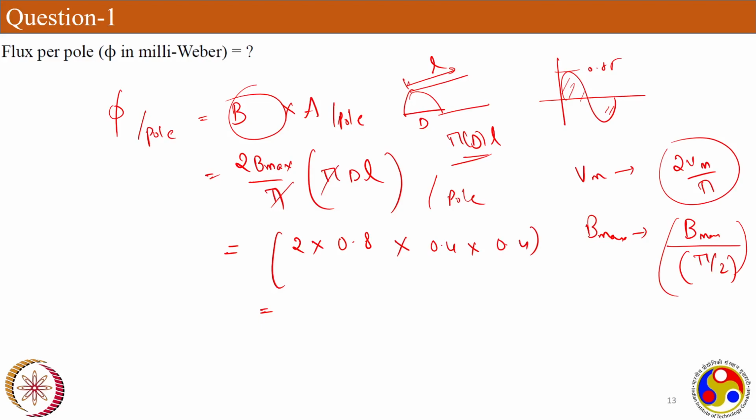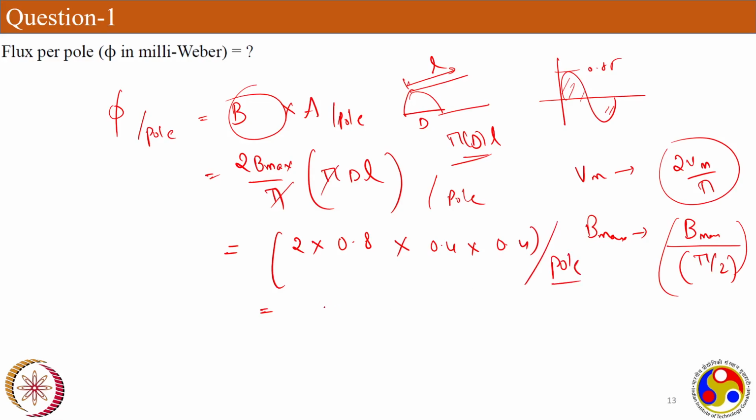Okay, 2 times 0.8 multiplied by 0.4, times D and L, per pole.